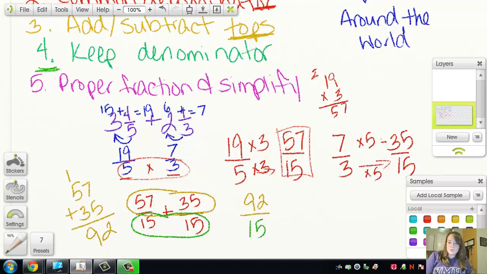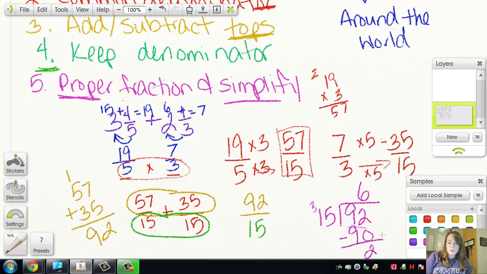Now I need to move to step 5, which is to make it proper and simplify. And I'm going to do that by dividing 92 divided by 15. Well, 15 can't go into 9, so I need to see how many times 15 can go into 92. And I've worked this out beforehand. It is 6. 6 times 5 is 30. 6 times 1 is 6, plus 3 is 9.